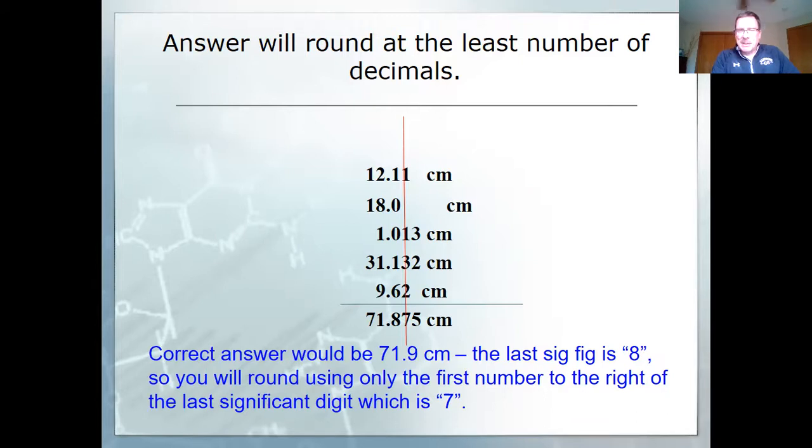That's the least number in the problem at the 18.0. So here's my 1, 2, 3 digits, and then the 7 tells me to round up. And the least number can be no significant digit. If it's a whole number without a decimal, that can be 0 places after the decimal. So that's adding and subtracting.